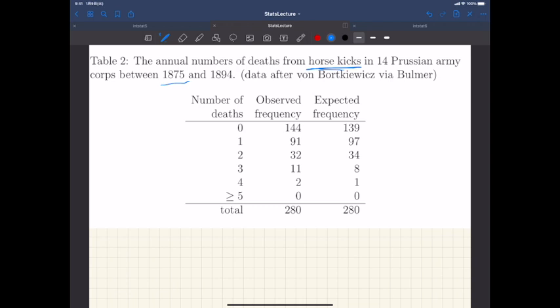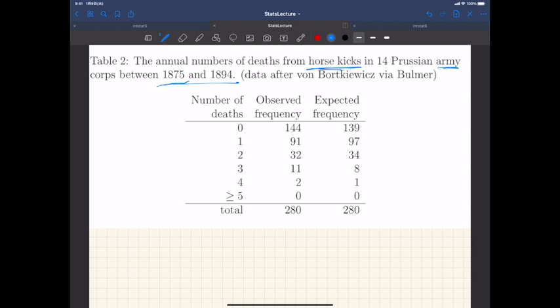This is rather old data. In this age, they used to ride horses in the army, and sometimes they got kicked by the horse and were killed.